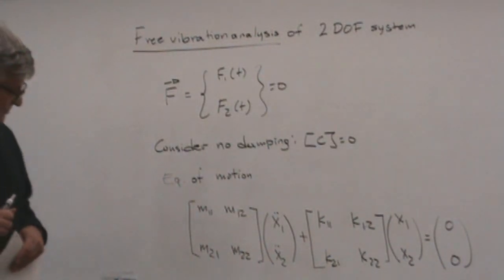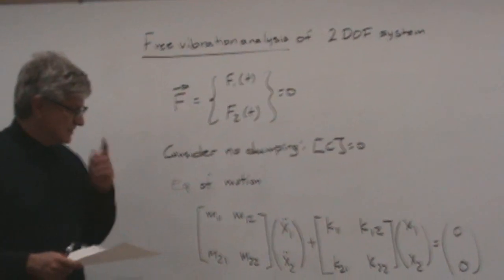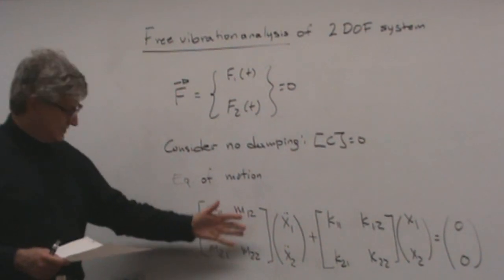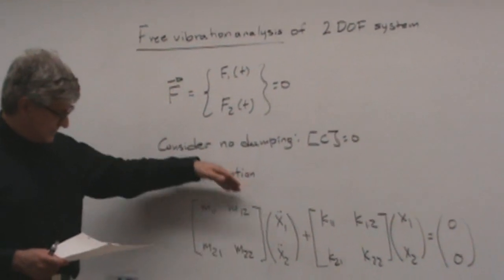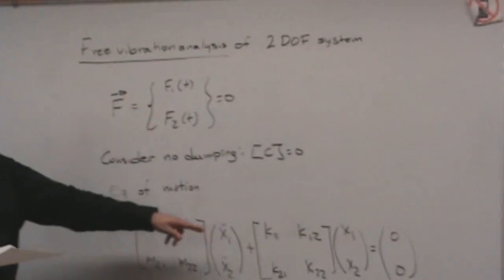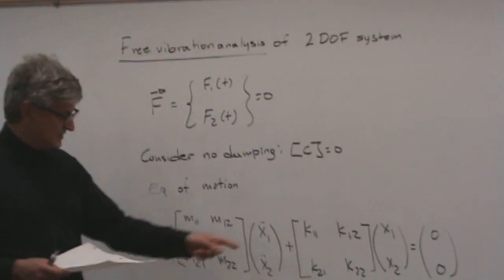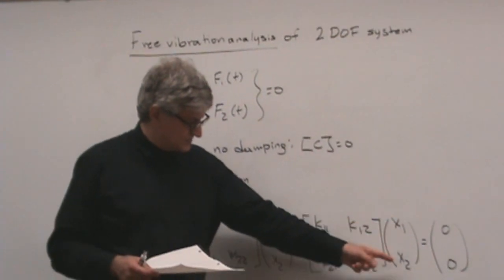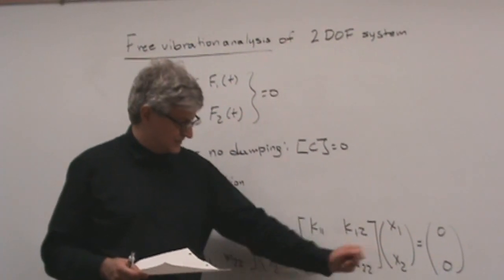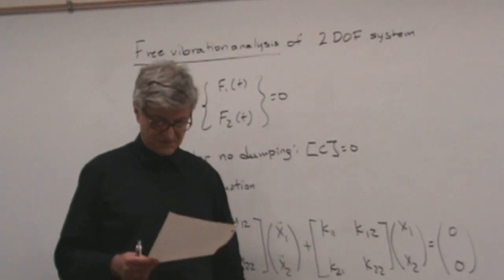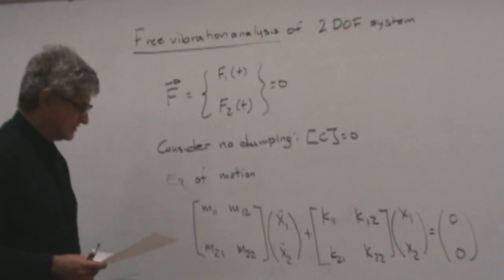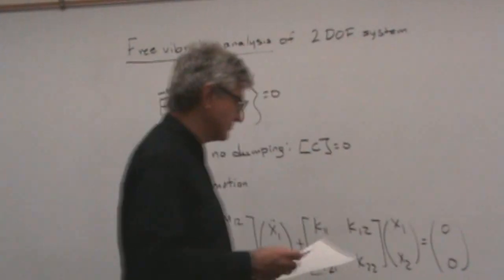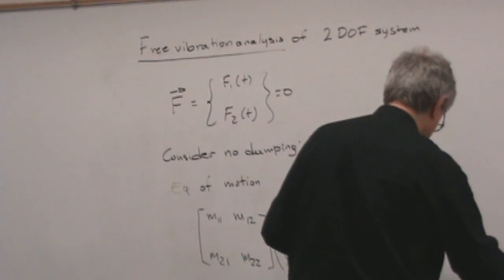This is the equation of motion. So we have the mass matrix times the vector of the acceleration plus the stiffness matrix times the vector of the displacements equal to 0. That's the equation that we have to solve to find the free vibration.